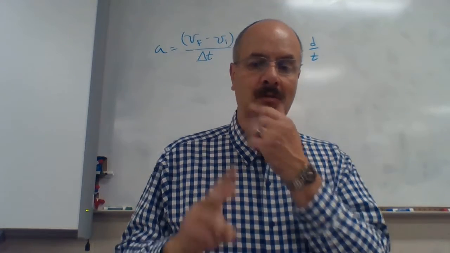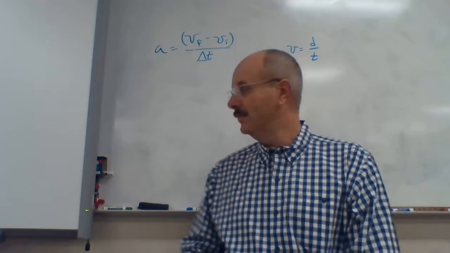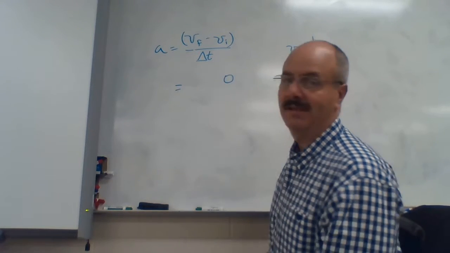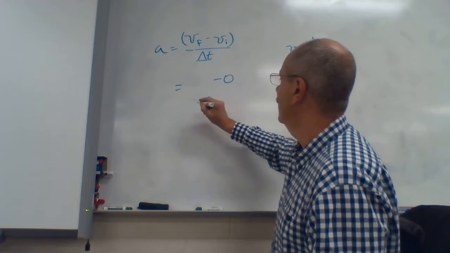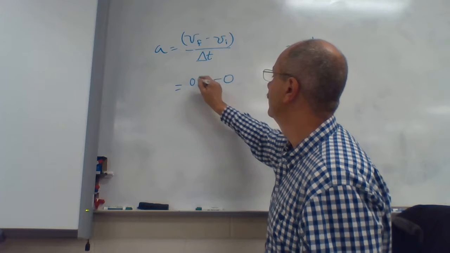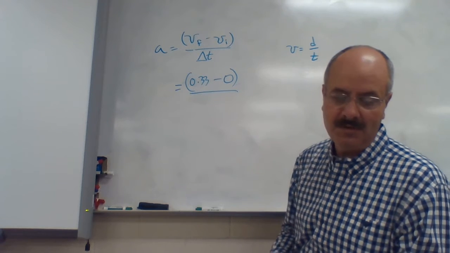So now I know the two speeds that Barry had. He had an initial velocity, so we can go to the acceleration equation up here. His initial velocity is 0, that's where he started. Final velocity is 0.33 kilometers per minute. Now, how long did it take him to do that?